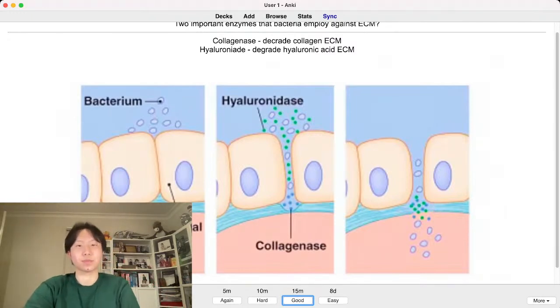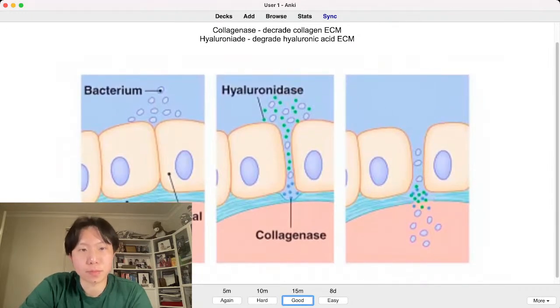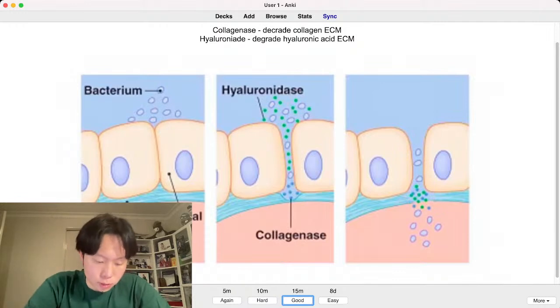Hyaluronidase. Let me search up what that does.